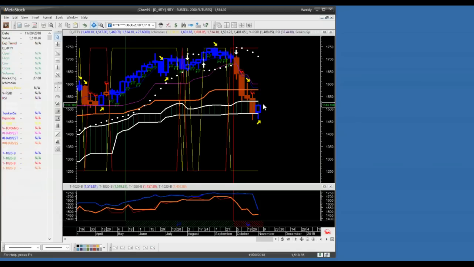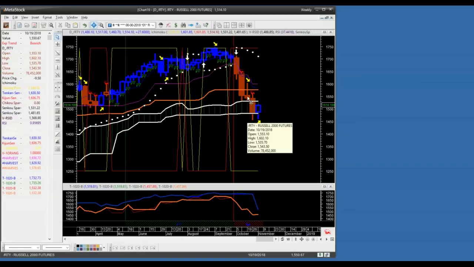But if we go back a few weeks, the week of October the 19th, the market gave you a sell signal and said you're going to be looking to short this market at 1532.